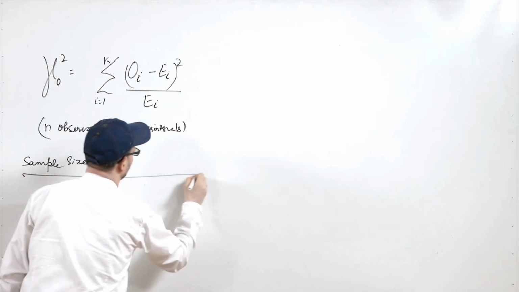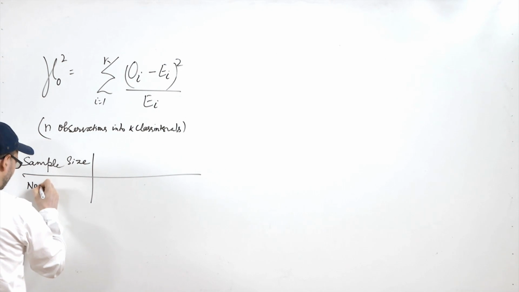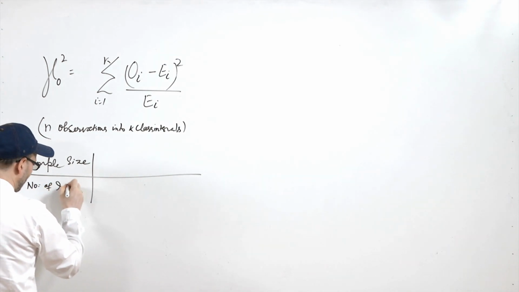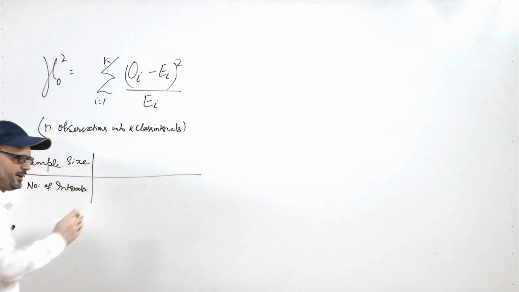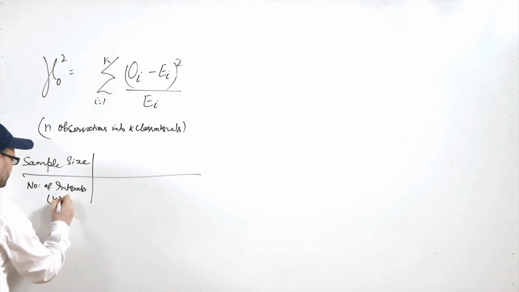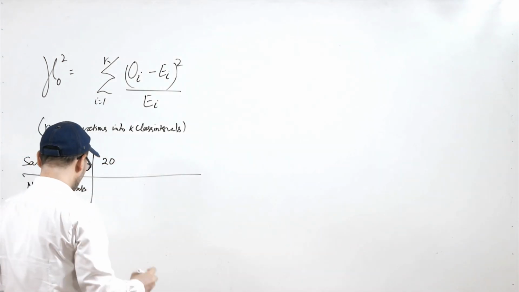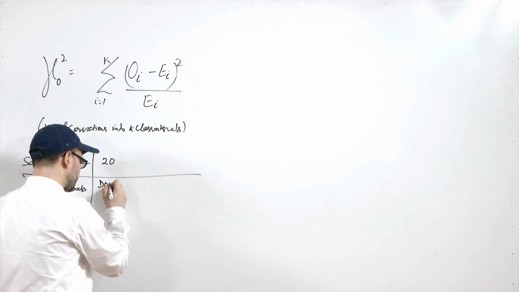In this case you also have to look at the sample size. Normally there are certain guidelines relating sample size and the number of intervals. So how many intervals should there be? Depending upon the sample size, if the sample size is 20, you do not use this test.